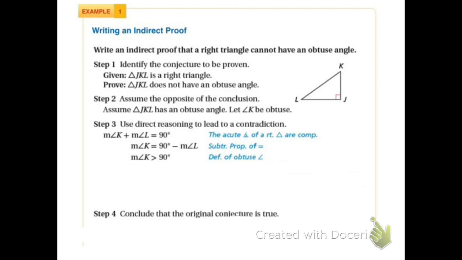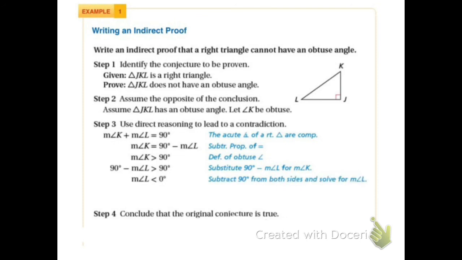Well, then I'm going to look for connecting points. Measure of angle K, measure of angle K. If the measure of angle K equals 90 degrees minus the measure of angle L, I can substitute that in and say 90 degrees minus the measure of angle L is greater than 90 degrees using substitution.